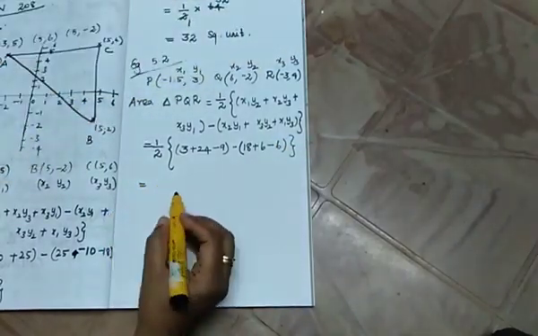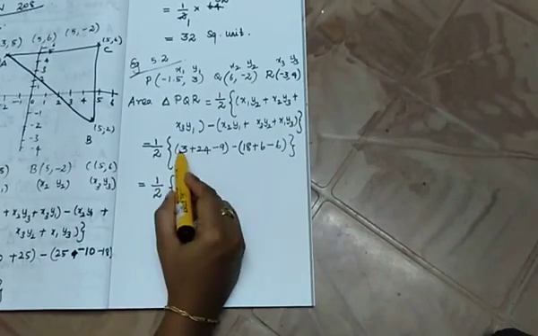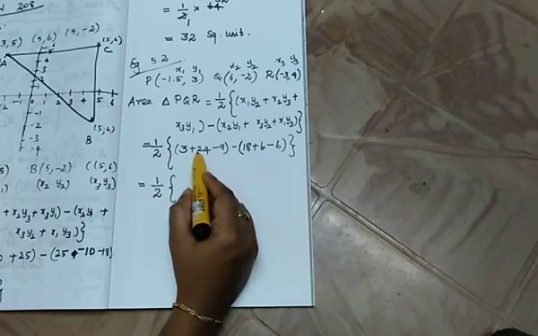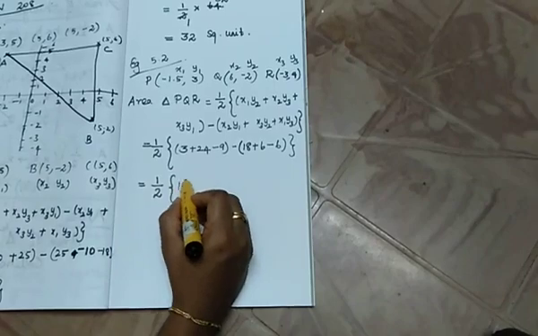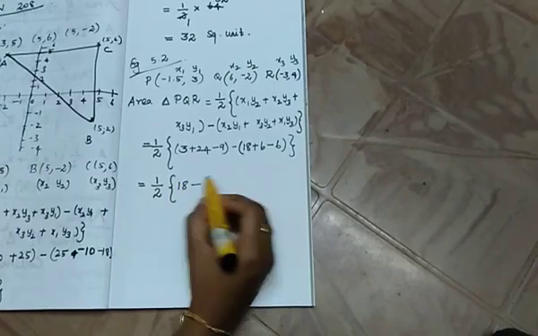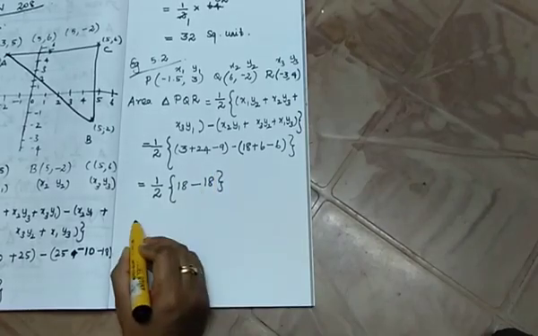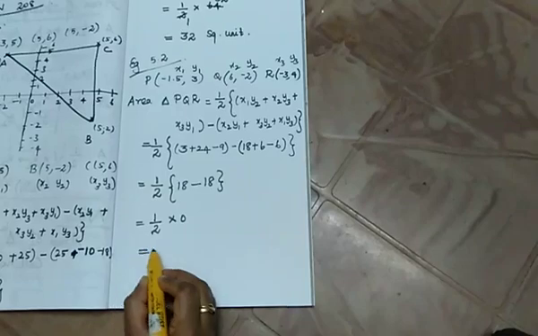Which is equal to half into 3 minus 9 minus 6, 24 minus 6, 18, minus 18 plus 6 minus 6 get cancelled. That is half into 0.